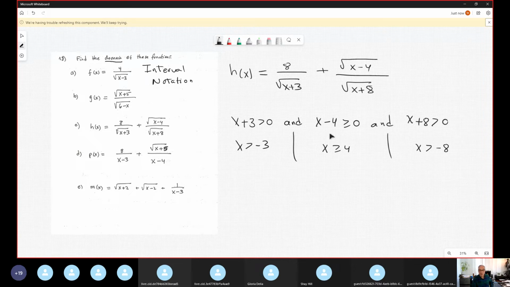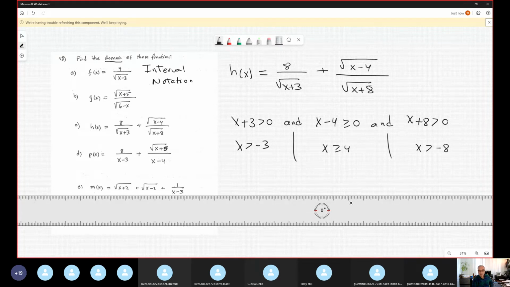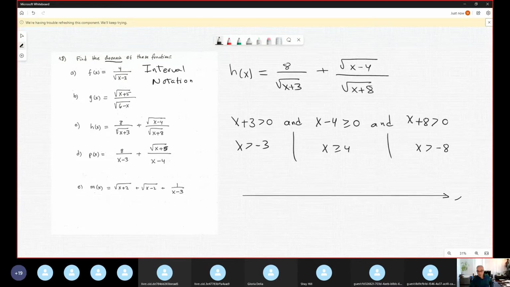Okay, you put it together on the number line. Infinity positive, infinity negative, and you have, for example, 0 in the middle, 1, 2, 3, 4, 1, 2, 3.